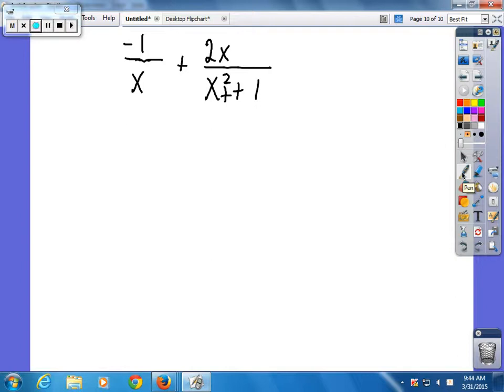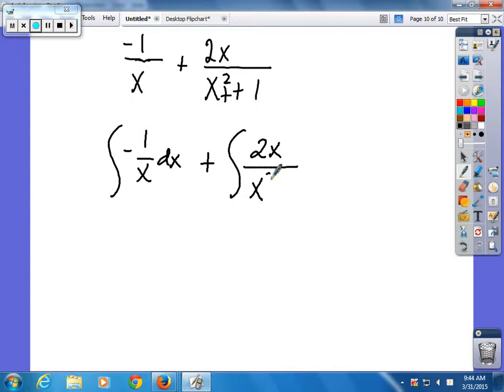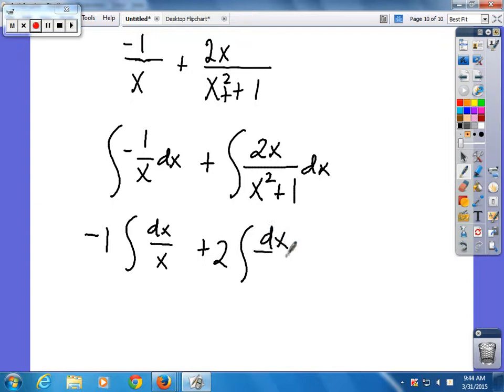And that's going to be the antiderivative of -1 over x dx plus the antiderivative of 2x over x squared plus 1 dx. That's going to give me -1 absolute value of x plus 2 times the antiderivative of 2x dx over x squared plus 1. We got a problem here.